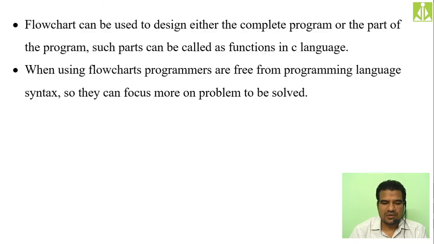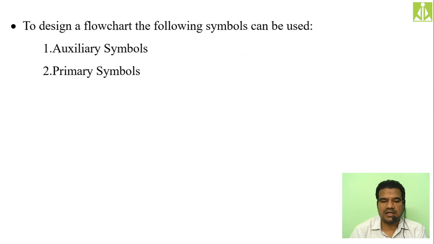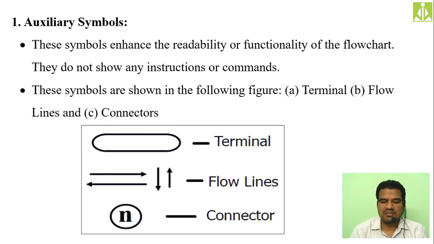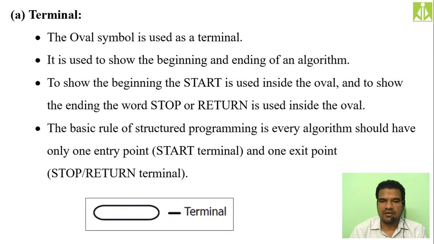We said we have two different types of symbols inside a flow chart, that is auxiliary symbols and primary symbols. The auxiliary symbols are these three: terminal, flow lines, and connectors. We discussed each of these. Like terminals, we said they are used to start a flow chart and to end a flow chart.